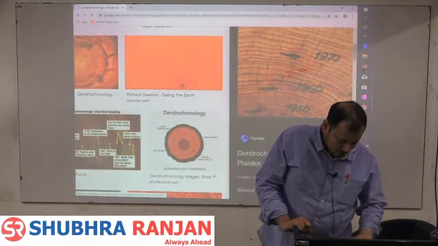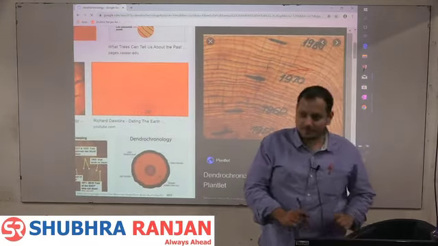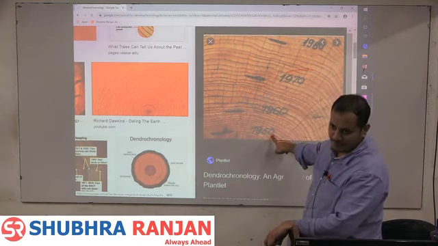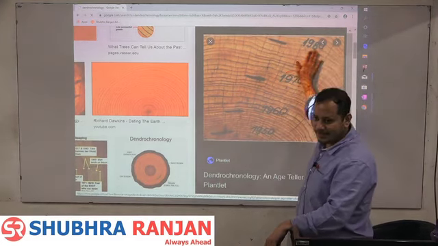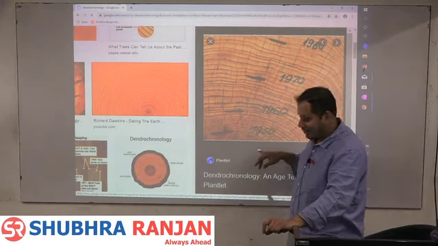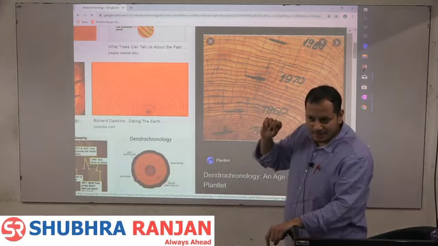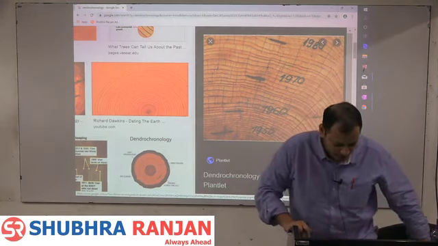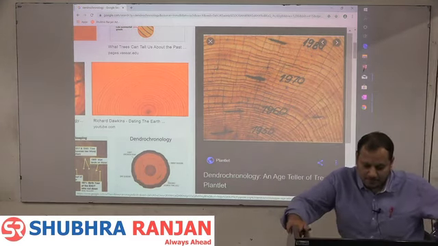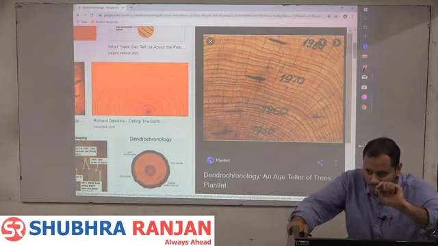See in this photo, 1950, 1960, 1970, 1980. This is the age of the tree. They will then find out the color, thickness, etc. This is dendrochronology. Next point.